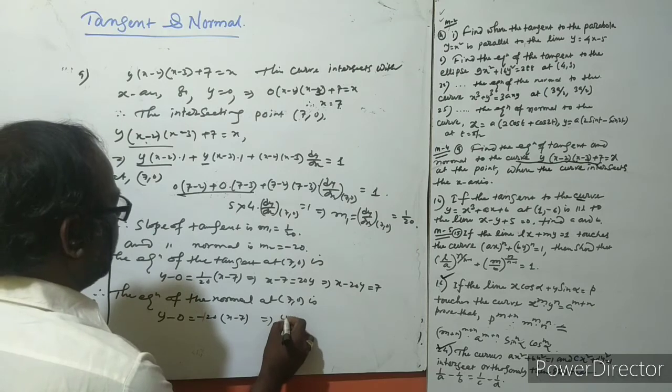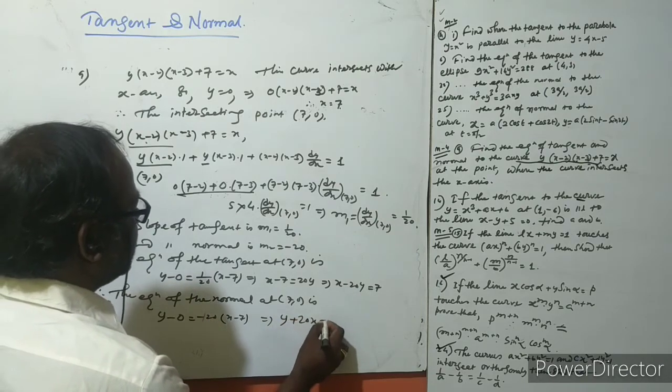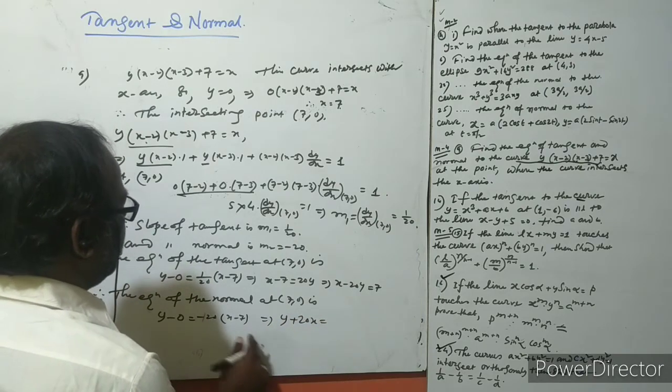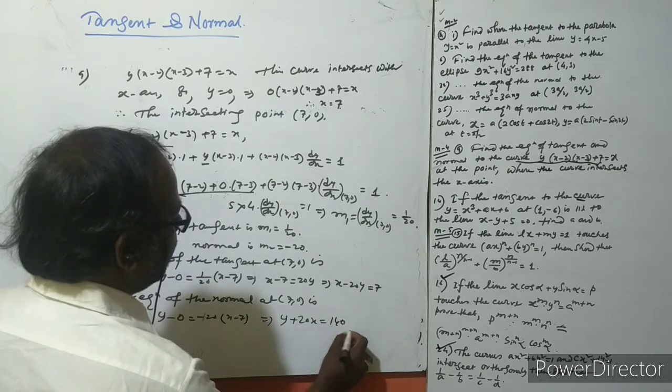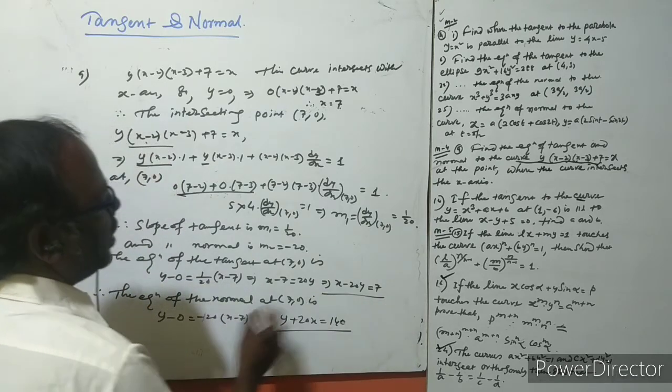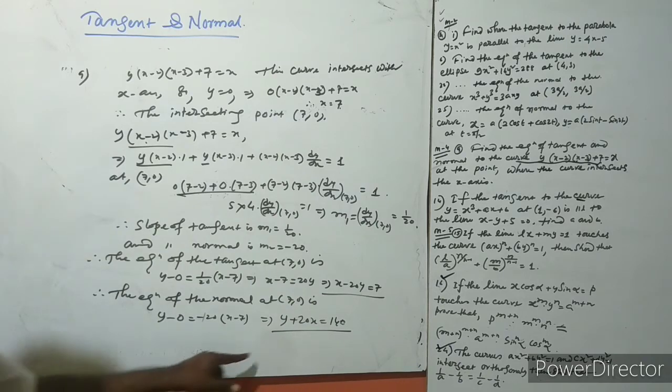That gives y plus 20x equal to 140. This is the tangent and this is the normal.